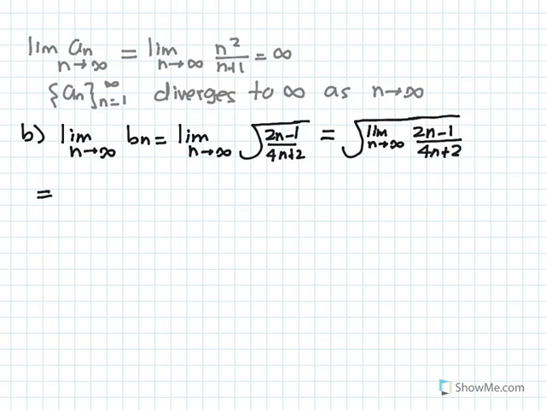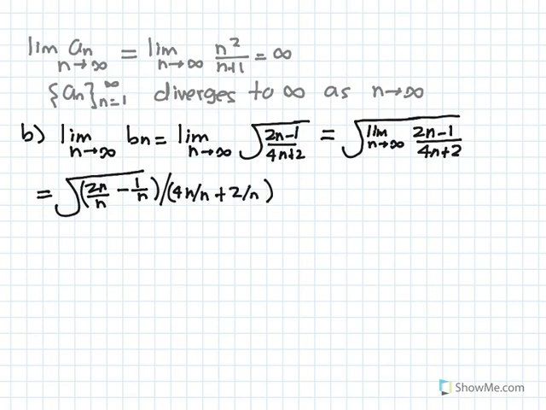This is equal to root of 2n. Let's divide everything by n. Divide by the highest power in the denominator: 2n divided by n minus 1 divided by n, all divided by 4n divided by n plus 2 divided by n. There it is.